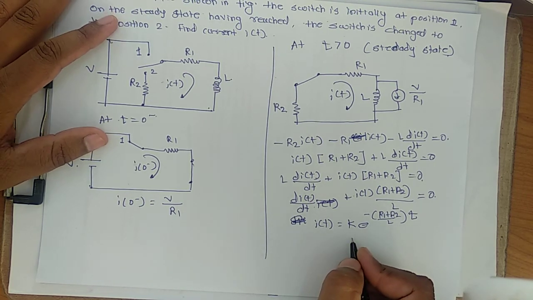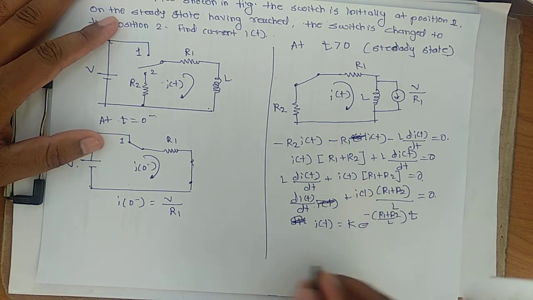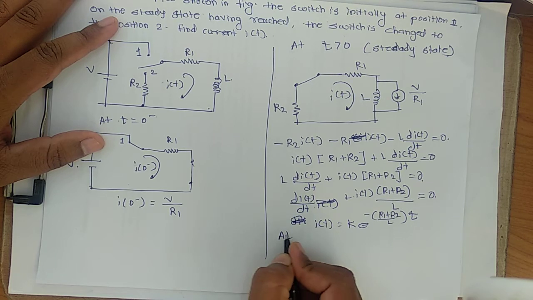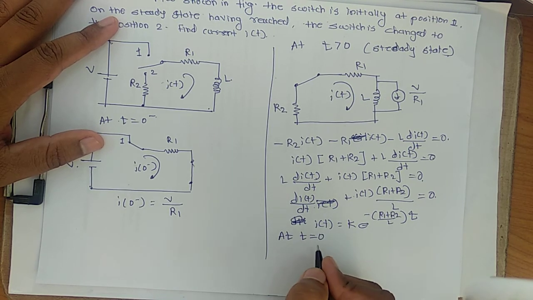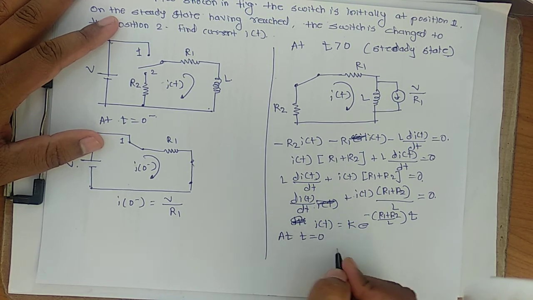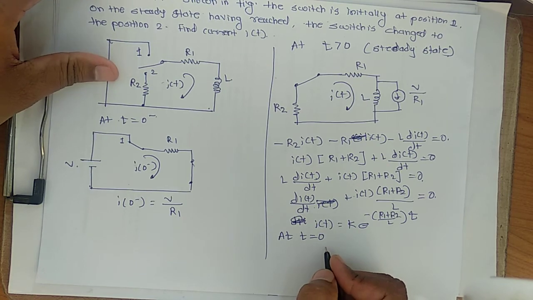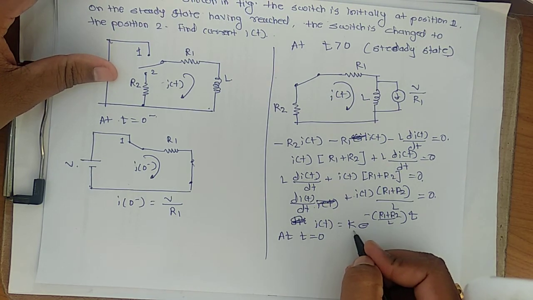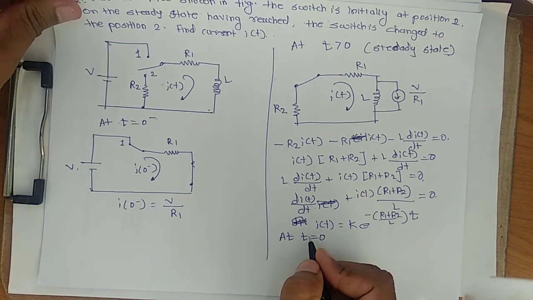So this is the solution for the equation. Now we have to calculate this constant k, so at t equal to 0 we have to find it out.